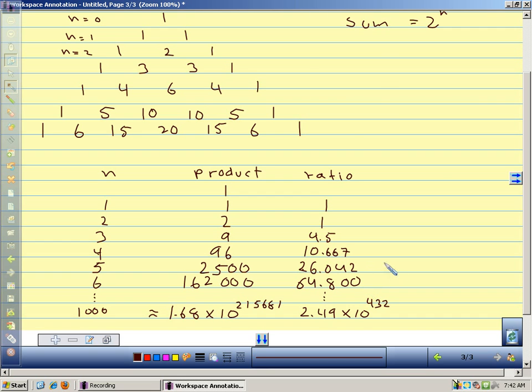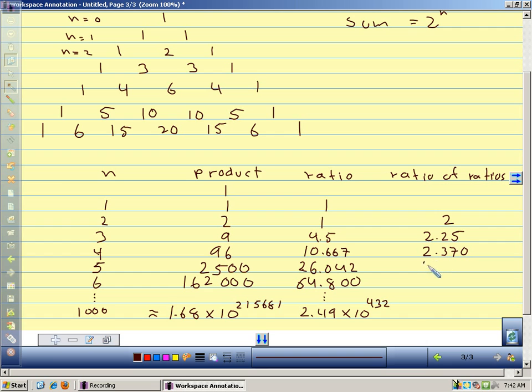So let's look at the ratio of the ratios. We start out here at 2. Here we get 2.25. Here we get 2.370.